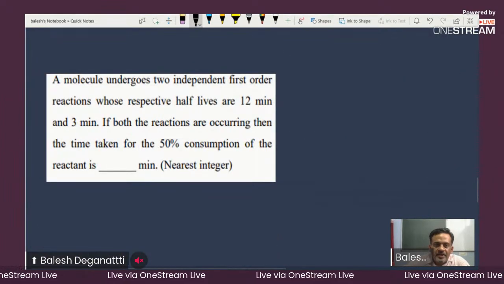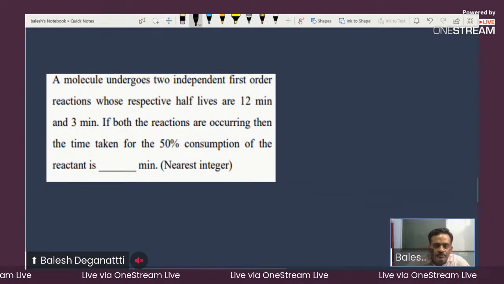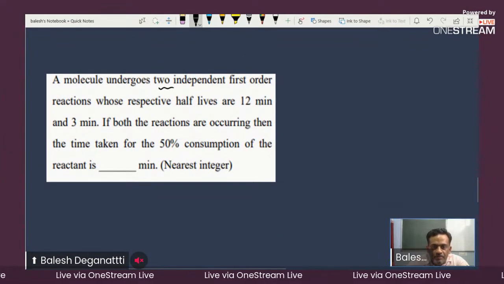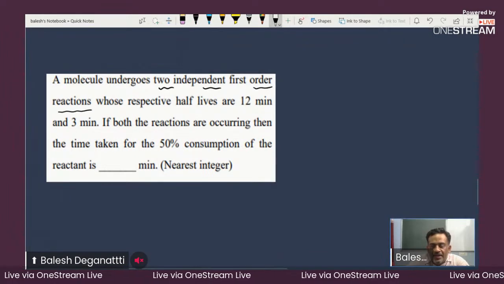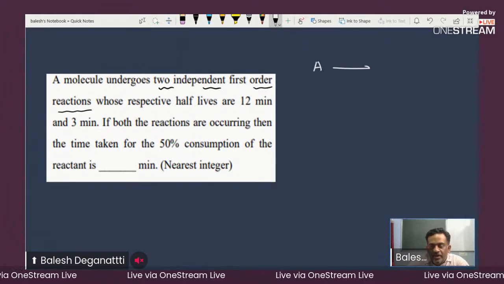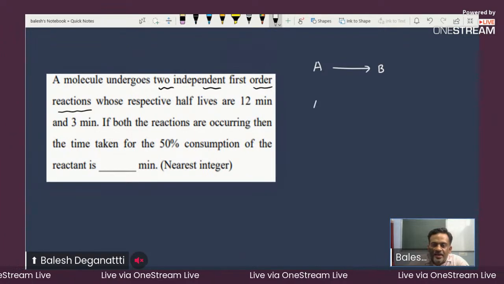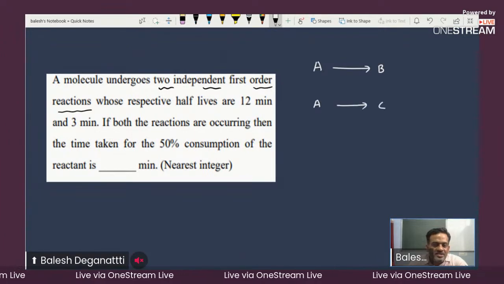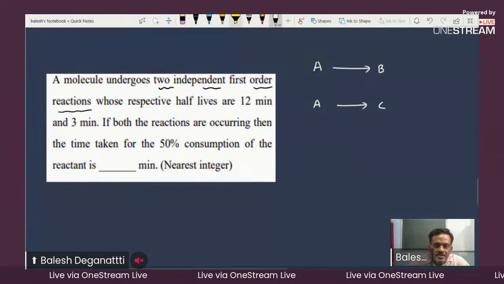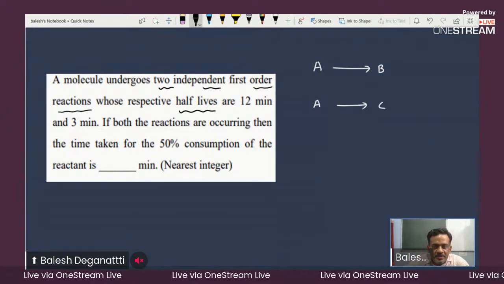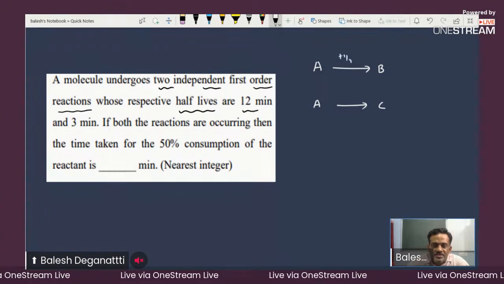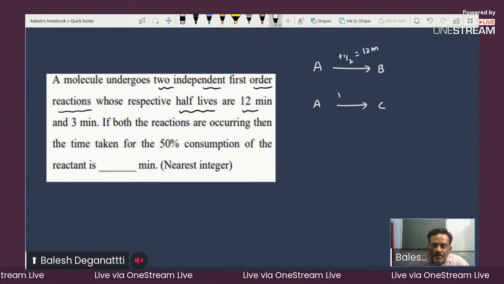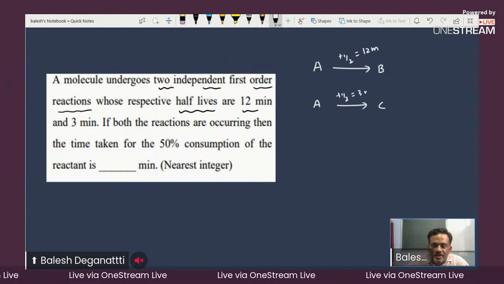In the next question, a molecule is undergoing two independent first order reactions. A molecule like A is undergoing two independent reactions, like A is giving B also, A is giving C also, whose respective half-lives are how much? Here the half-life is 12 minutes, here the half-life is 3 minutes.